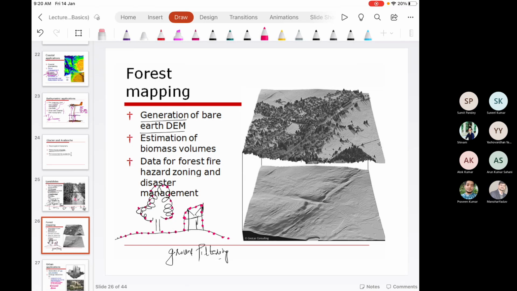In ground filtering, using a certain set of algorithms, you need to identify only these points. These points are identified, and you need to remove all the non-ground points, like points belonging to the trees over here as well as points belonging to the building.